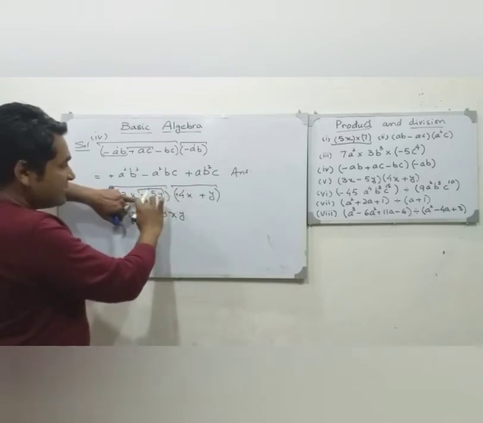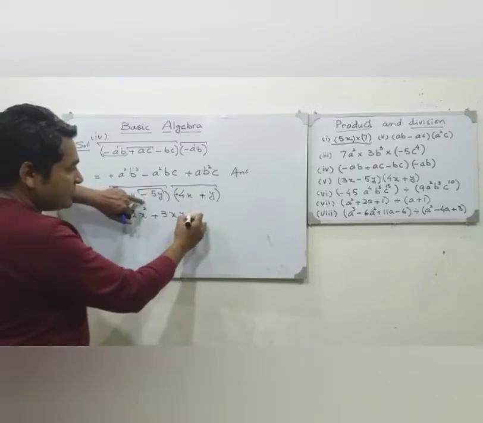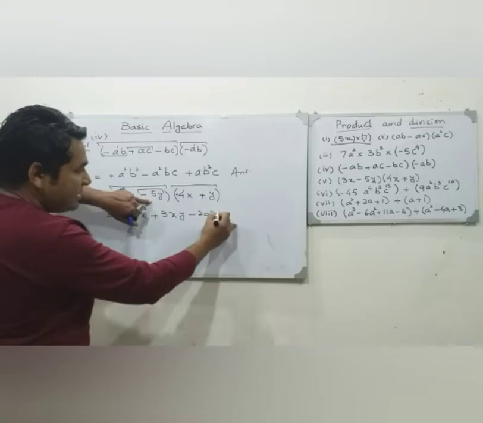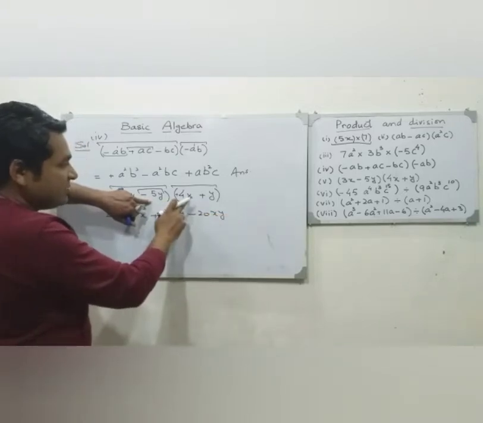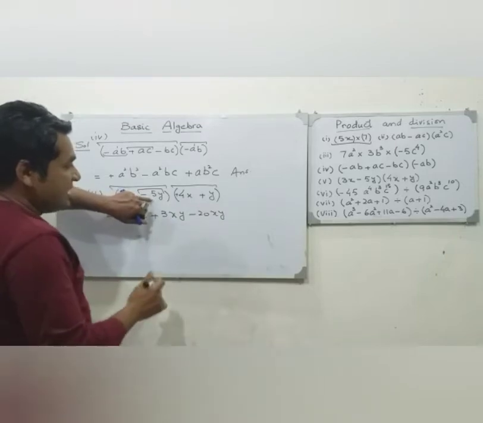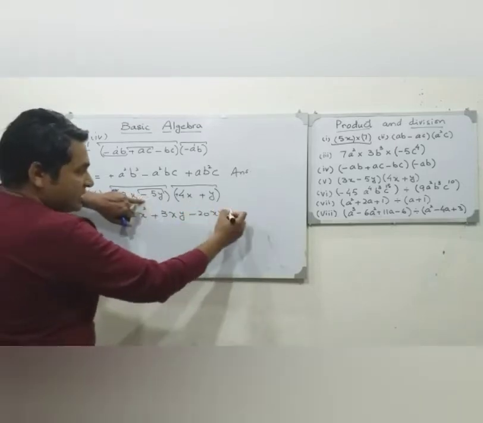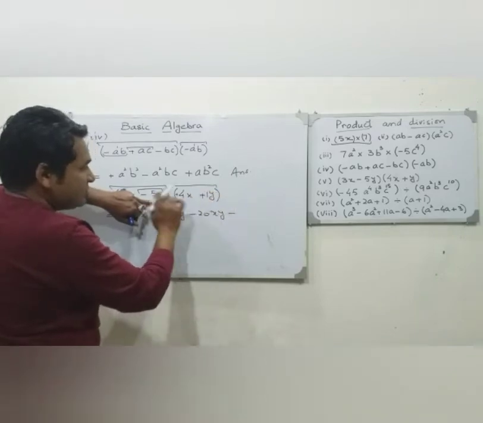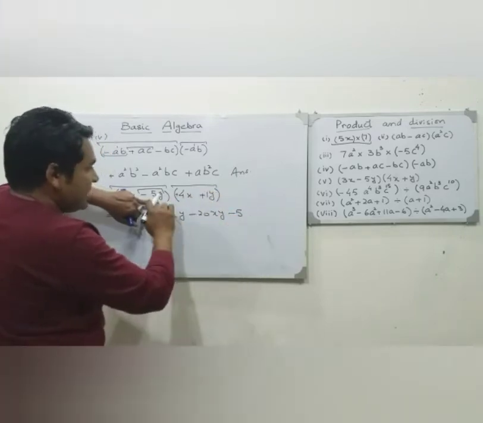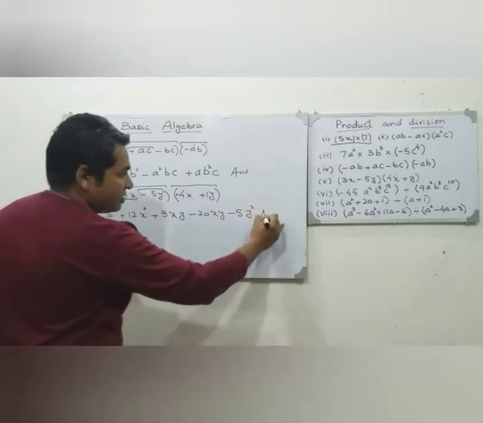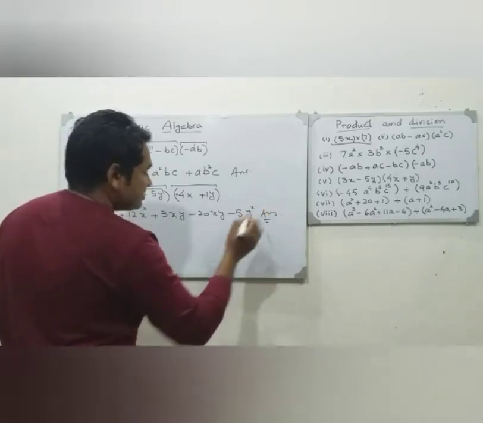Negative times positive is negative. 5 fours are 20, and write it in alphabetical order xy, because we do not have the same variable, so they will come as they are. Now this is negative, this is positive, minus this is 5, here we have 1, so 5 ones are 5, and y into y, y squared. So this is the product of this question.